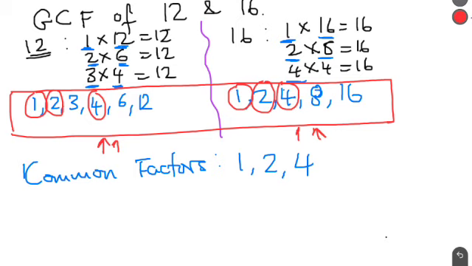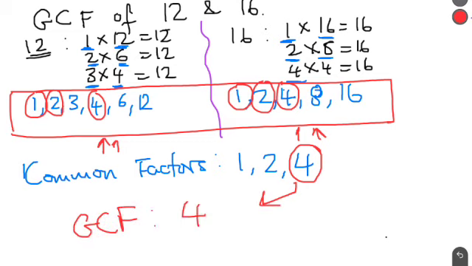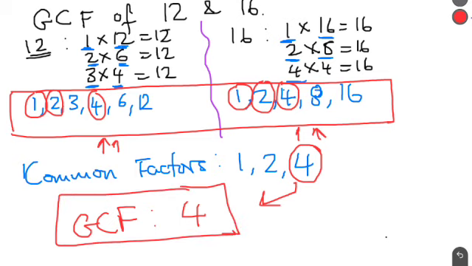Now, of all the common factors, we want to identify the highest number. And this number is what we would have as our GCF, or greatest common factor. So the greatest common factor of 12 and 16 is 4.